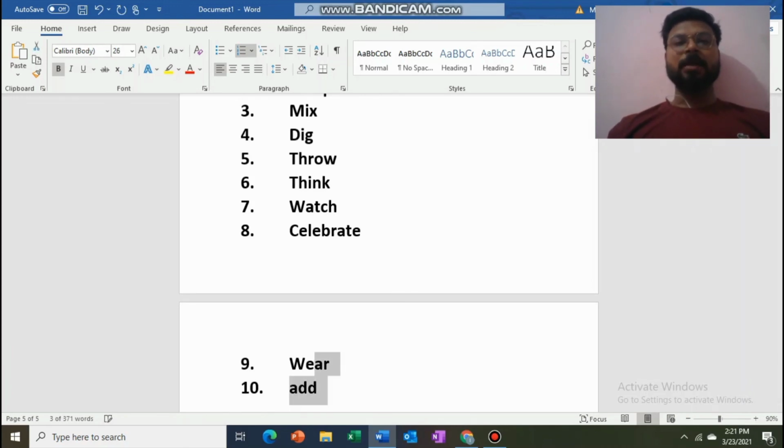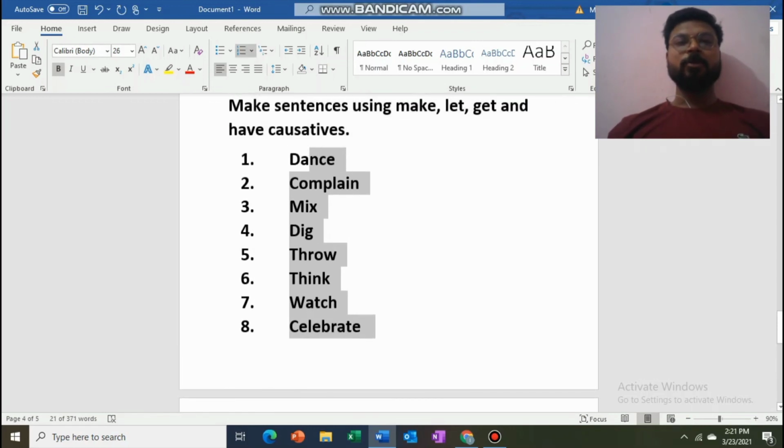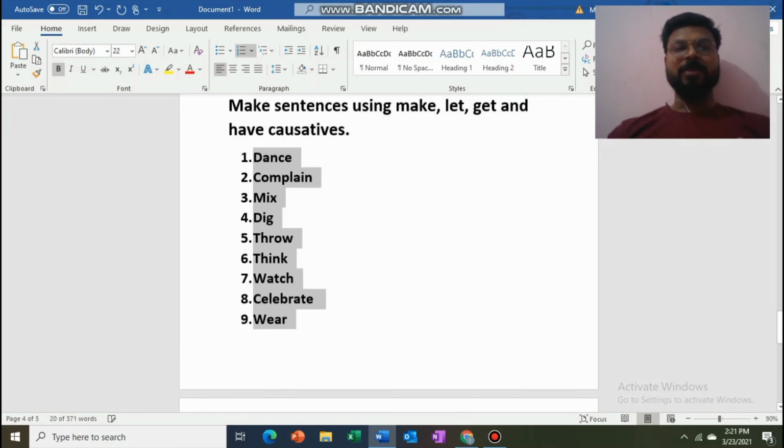Okay, so here are the 10 verbs that you're going to make sentences with.